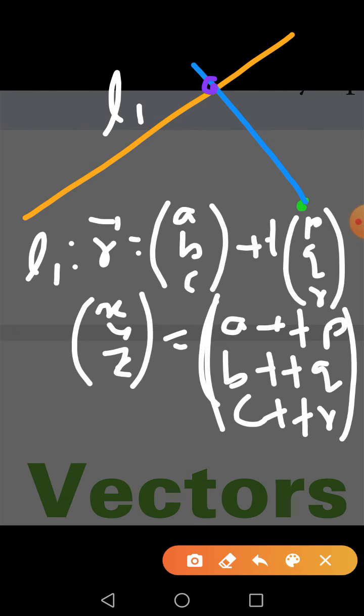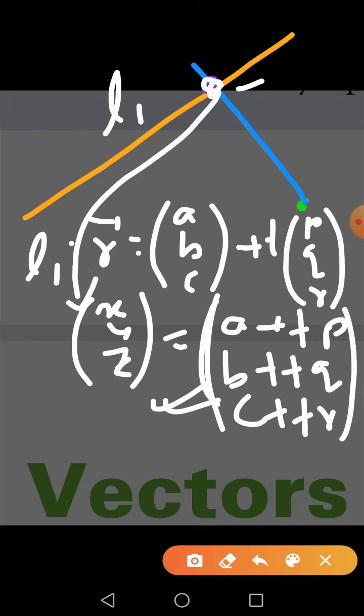So if this coordinate point is (x, y, z), then this coordinate point has the x value as a plus tp, y value as b plus tq, and z value as c plus tr.